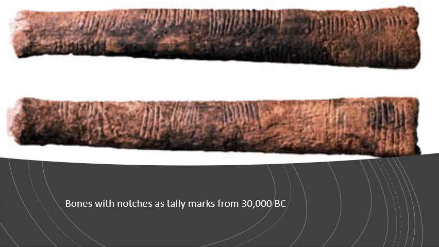They seem to coincide with the lunar cycle. As you know, the lunar cycle is 28 days. It's 7 days for each phase of the moon, and there are four phases, so that's 28. Some of the tally marks here seem to coincide with that.